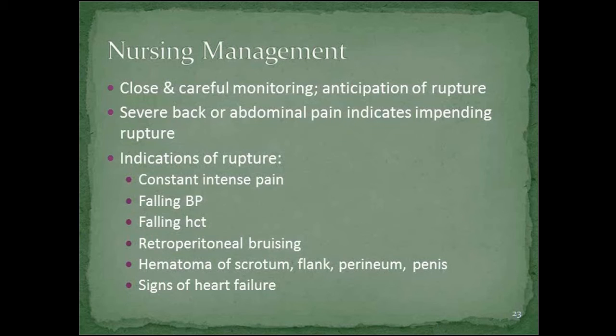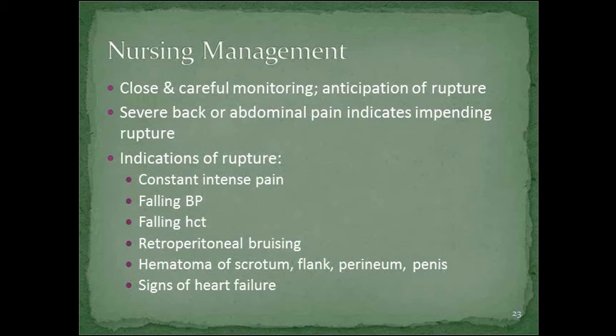retroperitoneal bruising is what you're going to see first. And then a lot of times they'll get a hematoma in the scrotum area. They'll get a flank or a perineal hematoma. In men, they will often develop a hematoma around the groin, the penis, and the scrotal area.